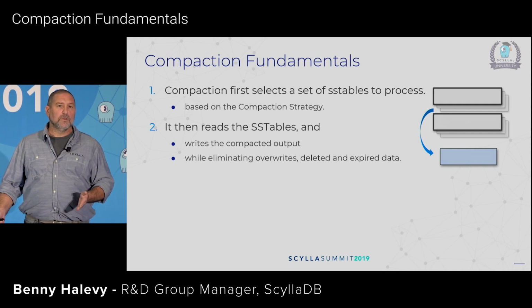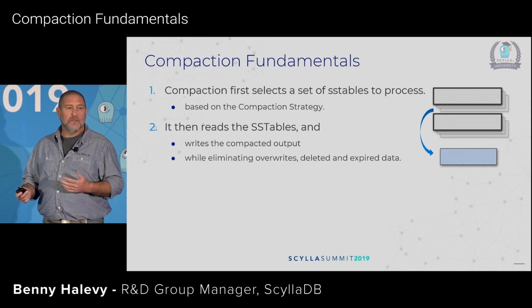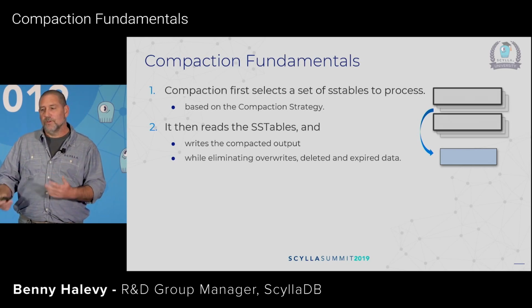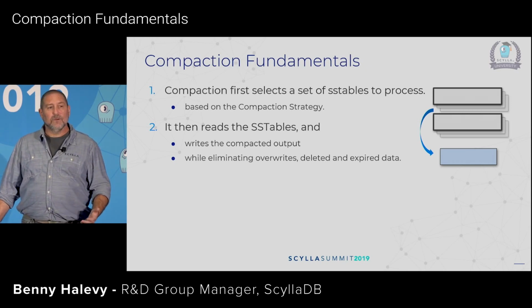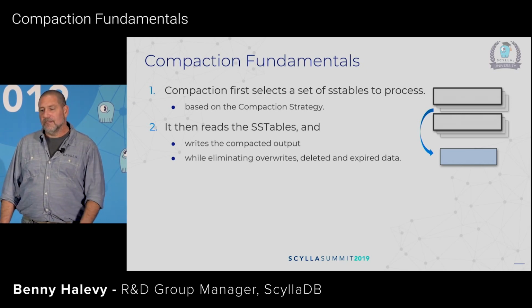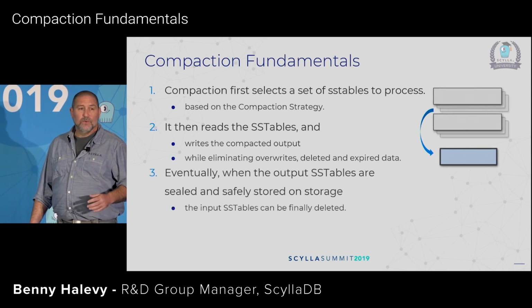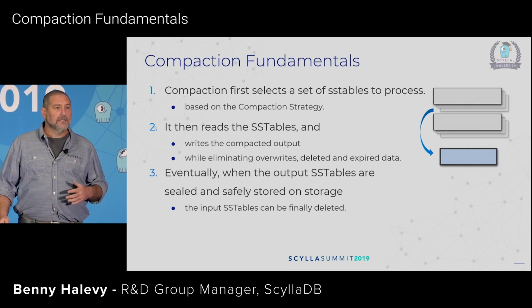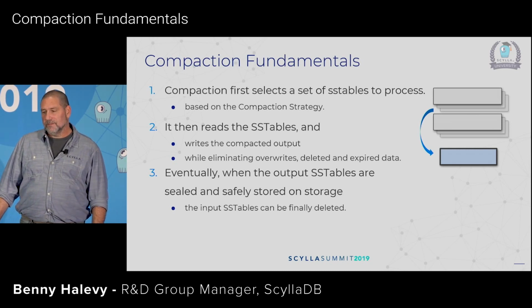Remember, SSTables are immutable. We never rewrite them. So we have to write a new SSTable, which is the compacted output of those input SSTables. And while doing so, we eliminate all the overwrites, all the deleted data, and the expired data. Eventually, when this output SSTable is sealed and safely stored on storage, we can finally delete the input SSTables.